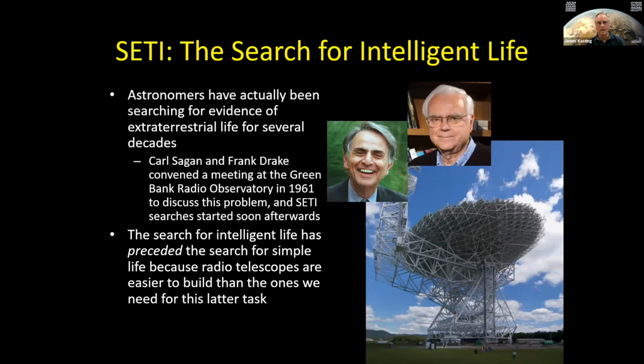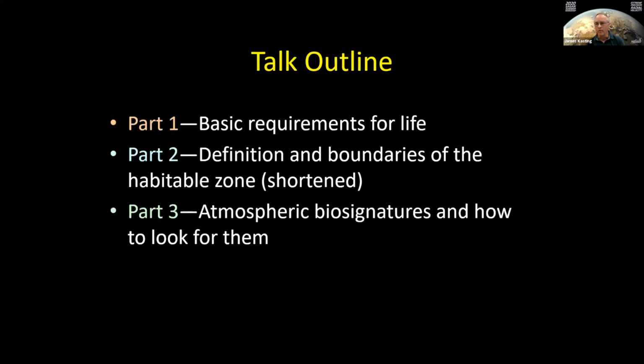Let me give you the outline for the talk. I'm going to start with talking a little bit about the basic requirements for life, because when I give this talk in a seminar, usually most of the questions are on that aspect. So let me say some things there.